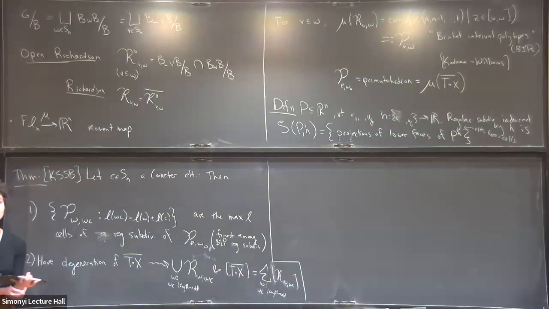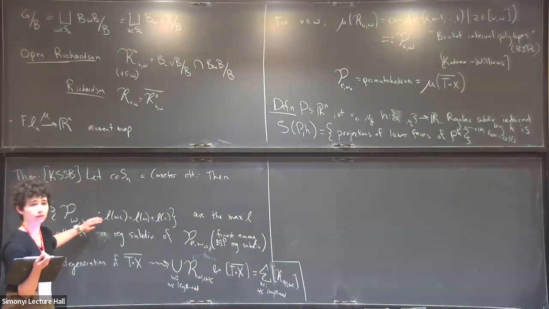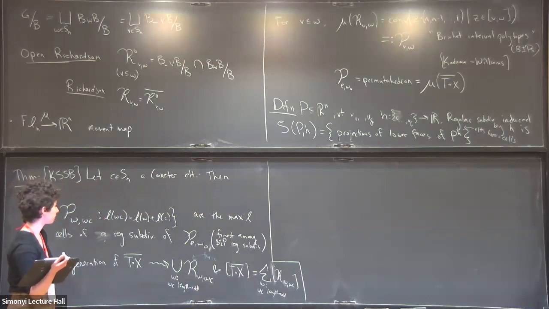Why do you need Coxeter? Right, so you're asking, can I just replace Coxeter with something else? I think you'll get too many polytopes. They'll start to overlap. So these guys are pretty special.